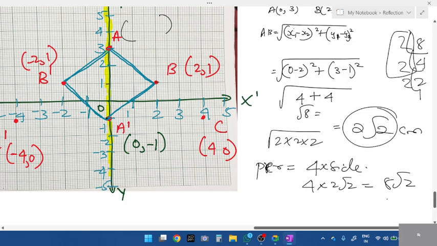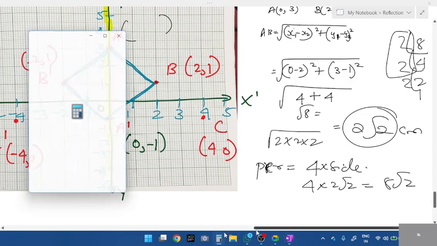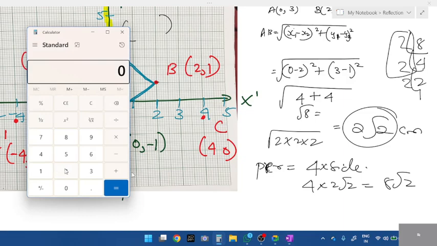2 root 2. If anyone has a scale, can you measure A and B, students? Isn't it more than 2 centimeters? What is it given, Naomi? Is it between 2 and 3? Okay, what is 2 into root 2?